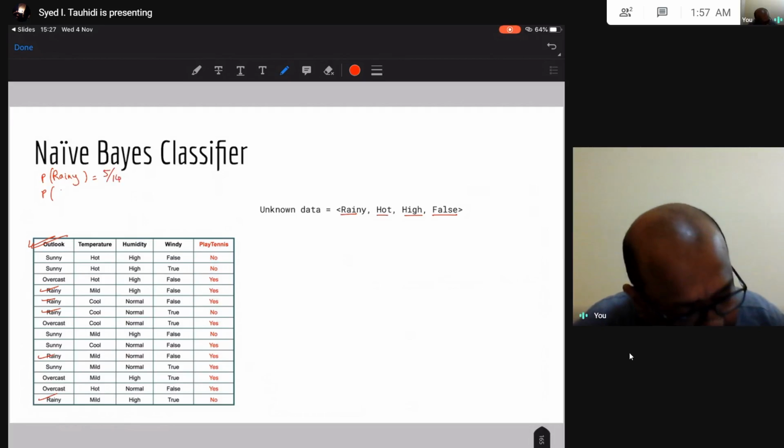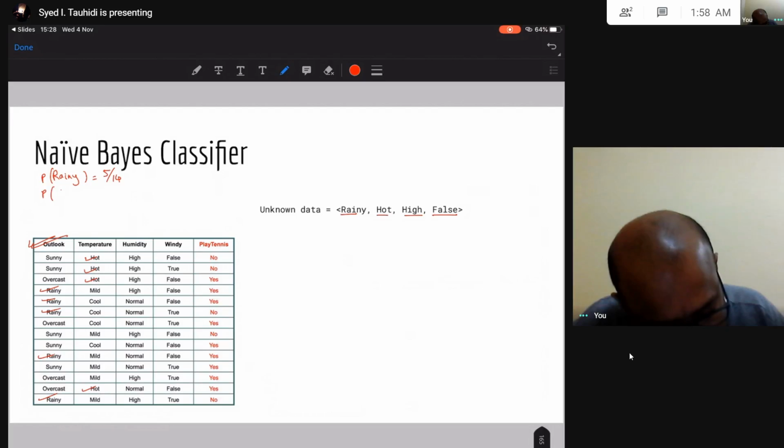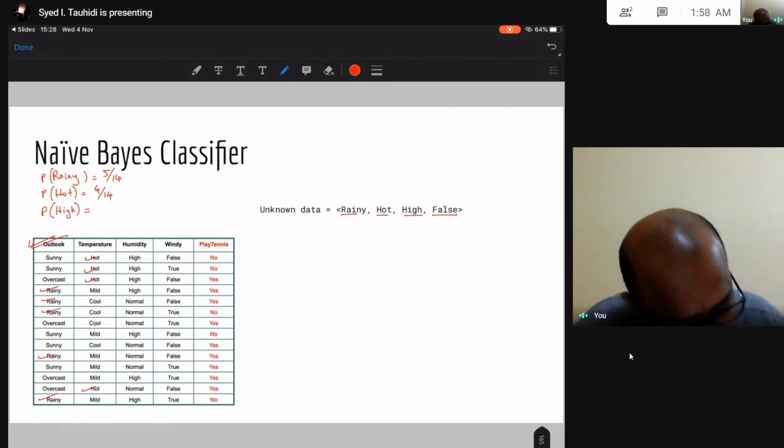Then what is the probability of hot? Temperature being hot, 1, 2, 3, 4. So 4 out of these 14. What is the probability of the humidity being high? 1, 2, 3, 4, 5, 6, 7. 7 out of 14.